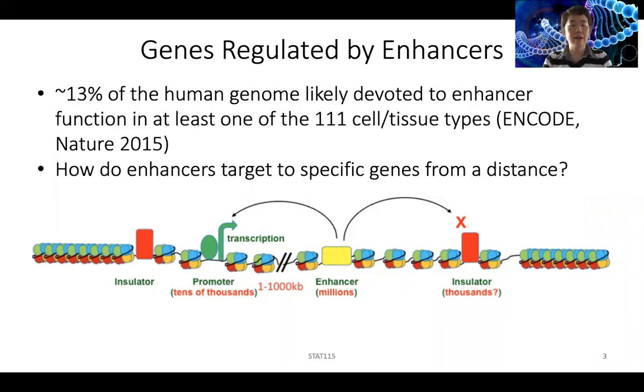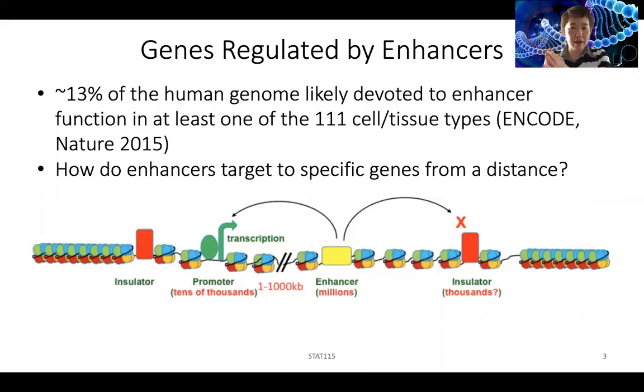And they look at what percentage of the genome is potentially functional or contains regulatory sequences. As you know, in the human genome, coding sequence only accounts for about 2%. But for the remaining genome, based on the ENCODE publication in 2015, about 13% of the human genome is likely to be devoted to enhancer function in at least one of the cell types that they have profiled.